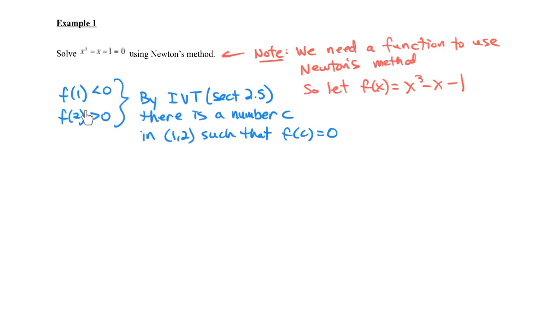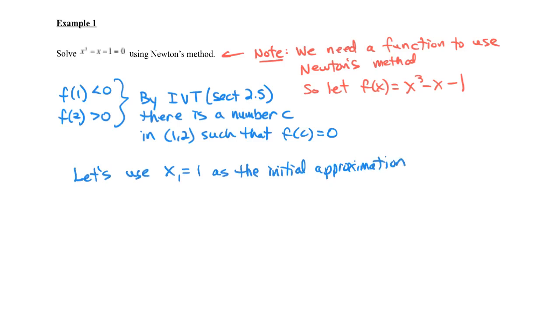So in this case, let's just use x sub 1 equals 1 as the initial approximation. And if we pick a different one, it's not going to matter, which we'll see.